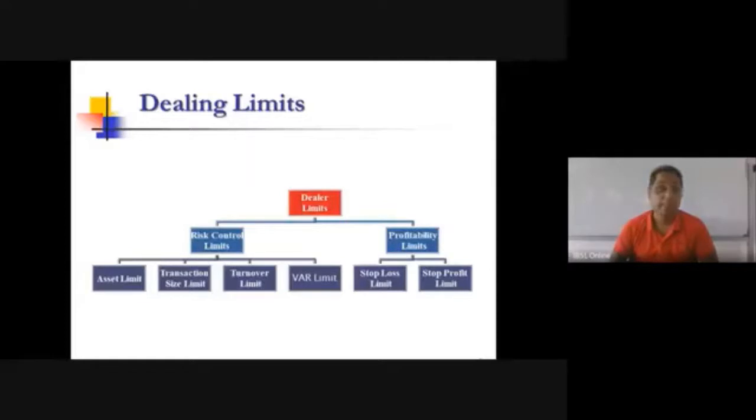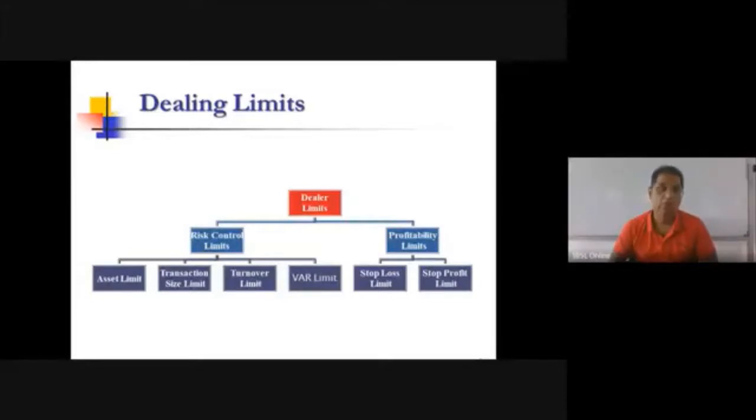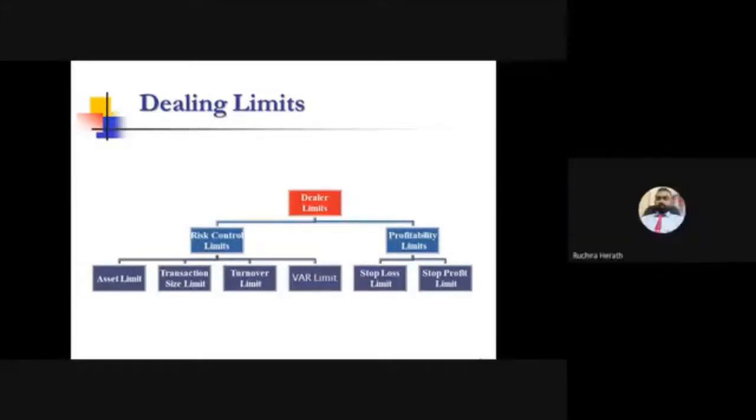If he keeps breaching the limits, obviously yes. But if it's not breaching, it's just a mere fact of him losing money, that's a business call. Then the treasurer is accountable to the CEO: look, why are you making losses all the time?